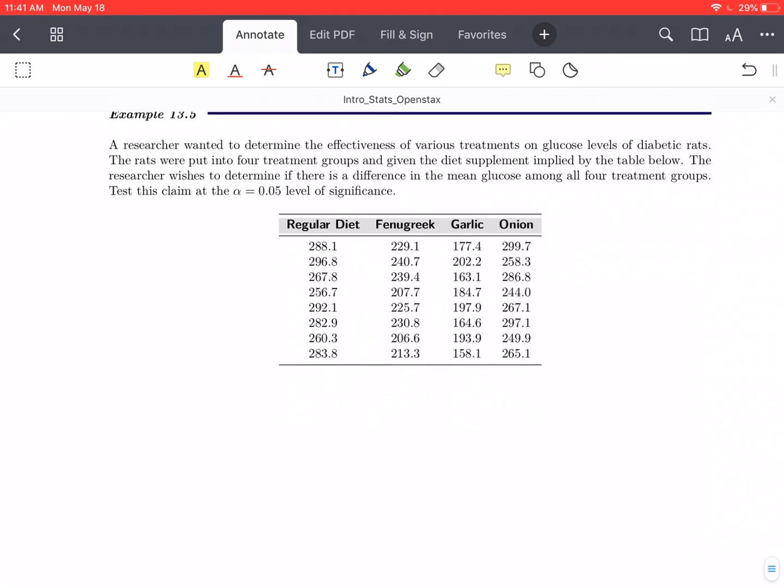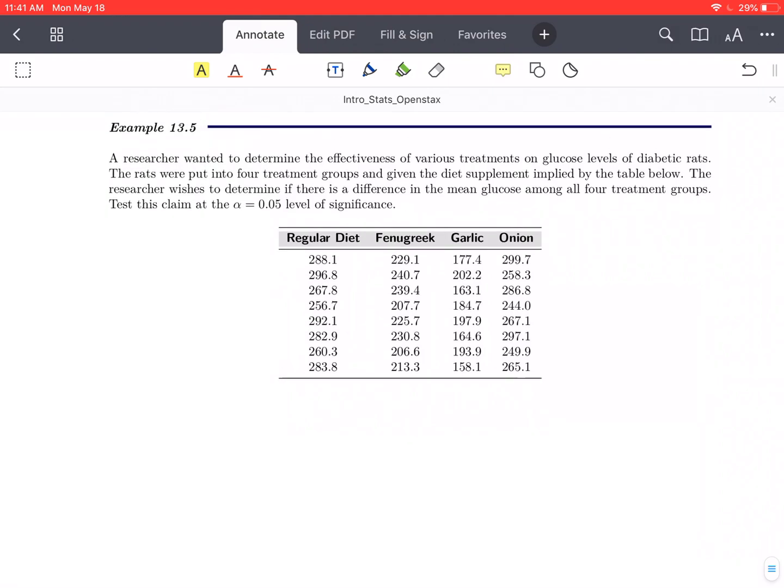So this one I went ahead and did on Excel. So let me just pull that up.